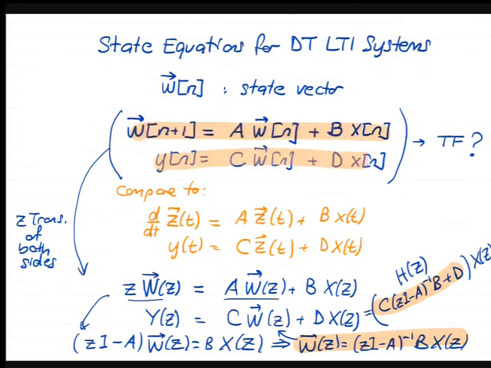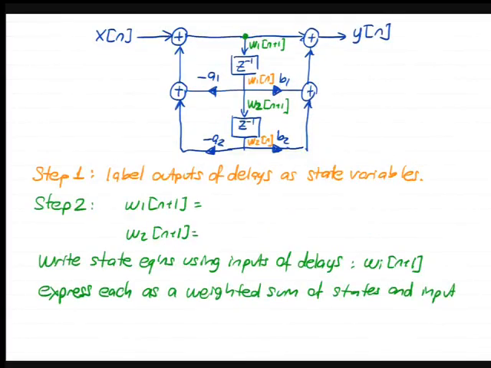And there, the right-hand sides depend only on n. So we're not going to depend on n plus 1. Okay, so what is W1 of n plus 1 in terms of x, W1, and W2? Well, the answer is in this summing junction, right?